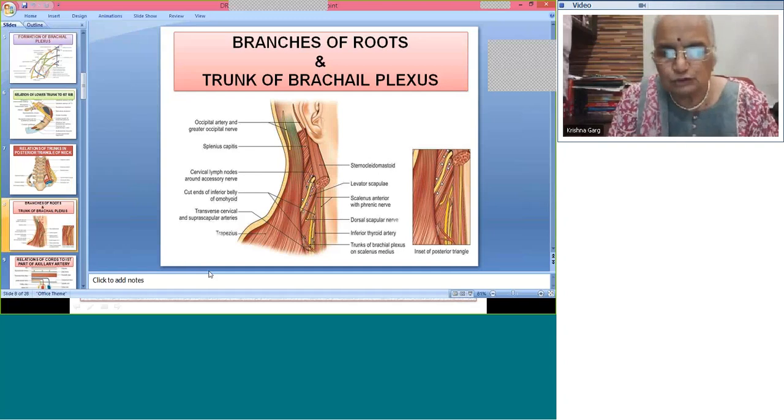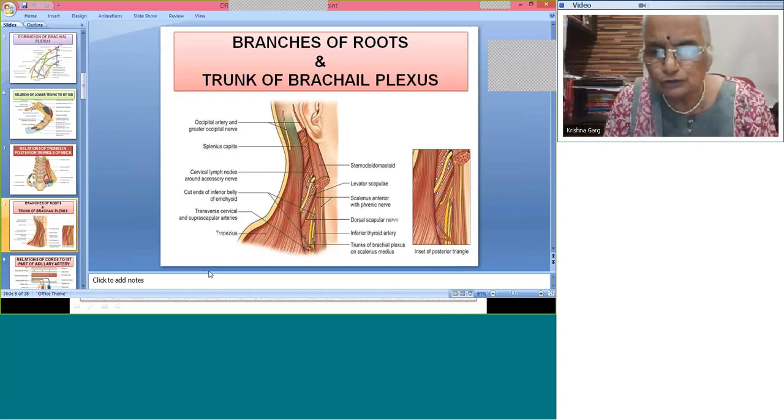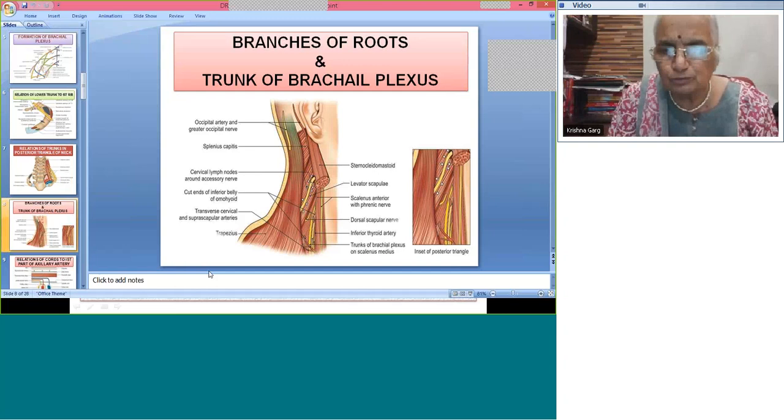Here is the diagram showing the posterior triangle. The part which is not related to the brachial plexus, but of course is very important in relation to the posterior triangle, is the cervical lymph nodes around the very important accessory nerve. This accessory nerve supplies the sternocleidomastoid, passes through the posterior triangle and ends up in the trapezius muscle.